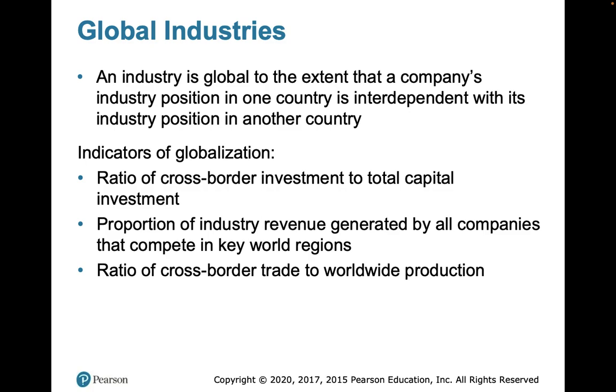So these are indicators of globalization, and it varies with companies and the style and method which they have adopted.